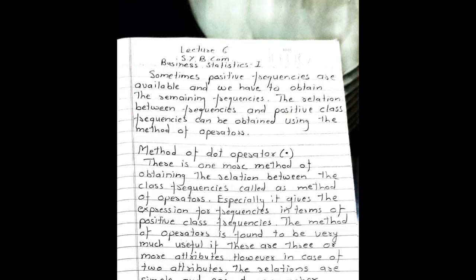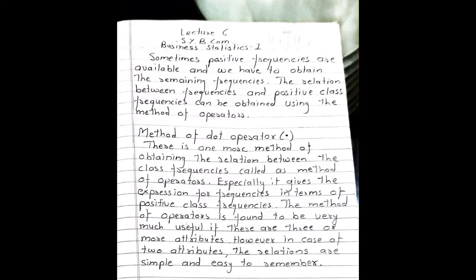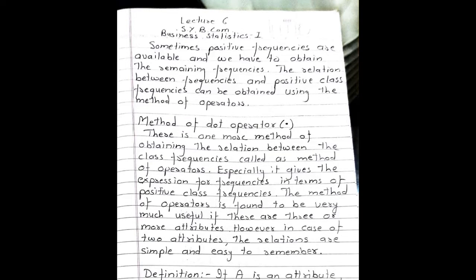Especially, it gives the expression for frequencies in terms of positive class frequencies. The method of operators is found to be very useful if there are three or more attributes. However, in the case of two attributes, the relations are simple and easy to remember.